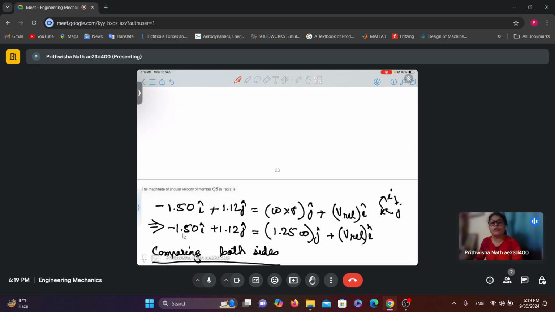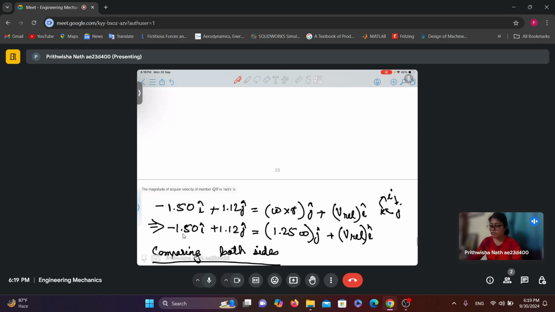Now we need to find out the angular velocity. Now this is same like the previous problem, we just need to compare the terms on the left and right hand side. So I will write Vp in terms of I and j components, and then on the right hand side I'll write omega into r, which is in the j direction, and V relative is in the I direction, right?